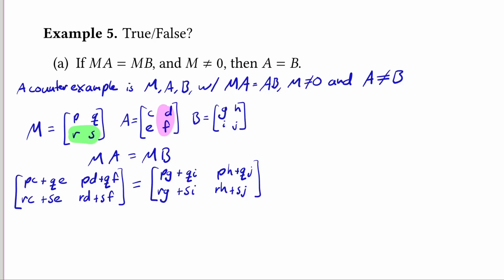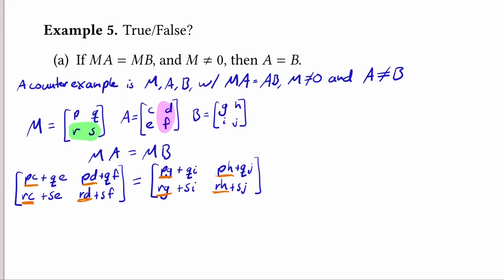Well, we could make the terms PC and RC respectively equal to PG and RG. And likewise, PD and RD equal to PH and RH. We can do that by making the GH part of B equal to the CD part of A.